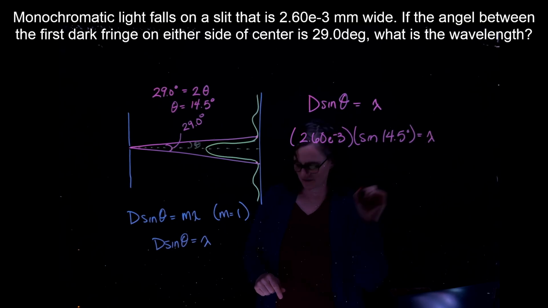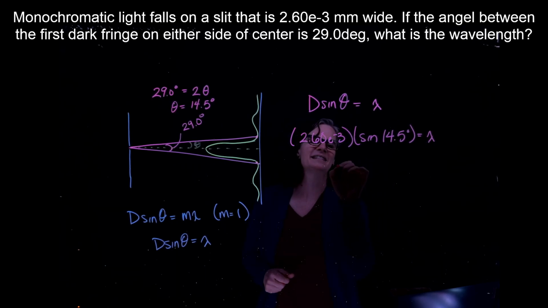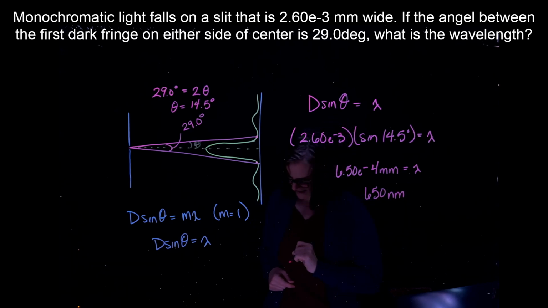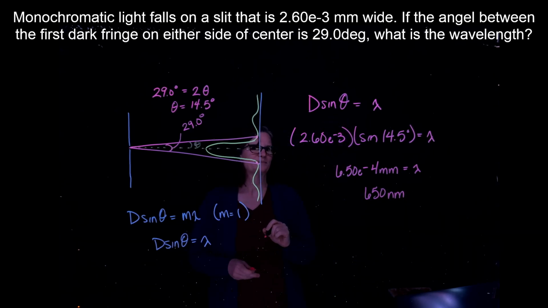That equals our wavelength, and we find our wavelength to be 6.5 times 10 to the minus 4 millimeters is equal to lambda, and that is also equal to 650 nanometers. All right.